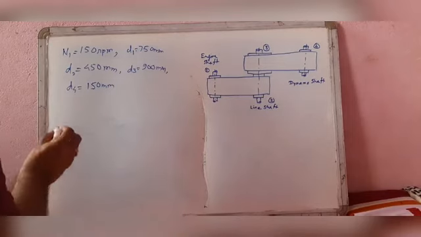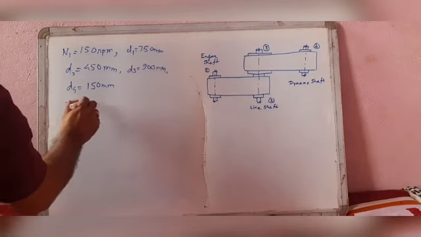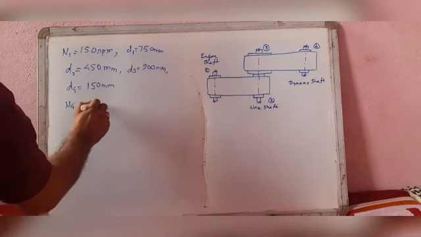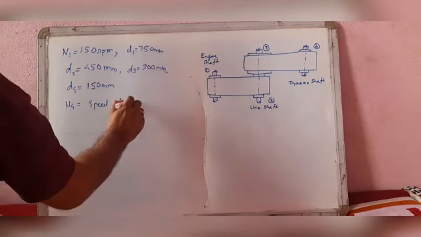So here N4 is the speed of the dynamo shaft.